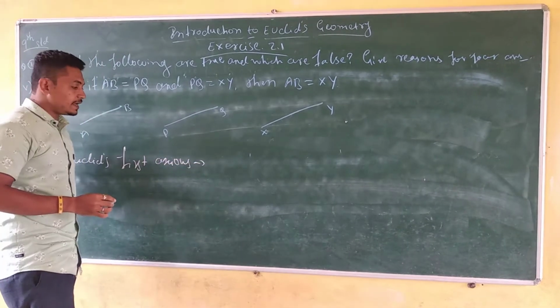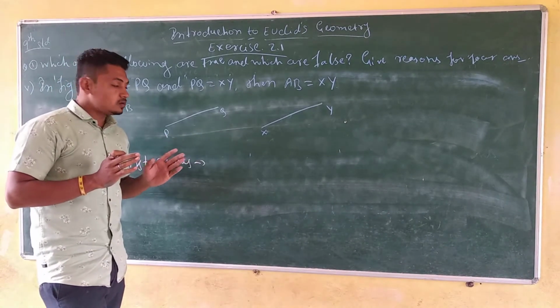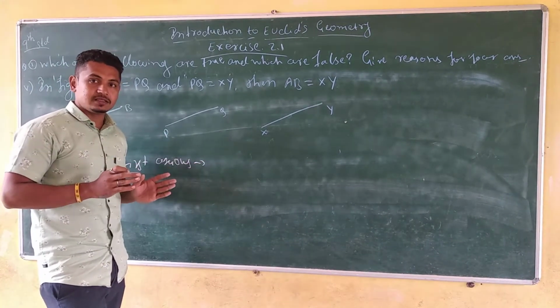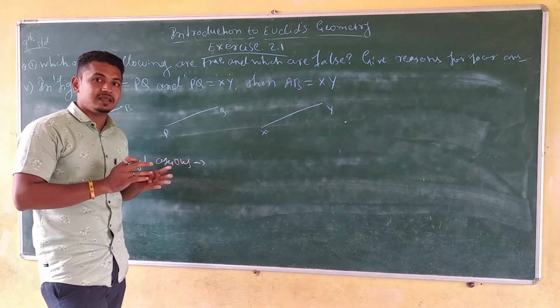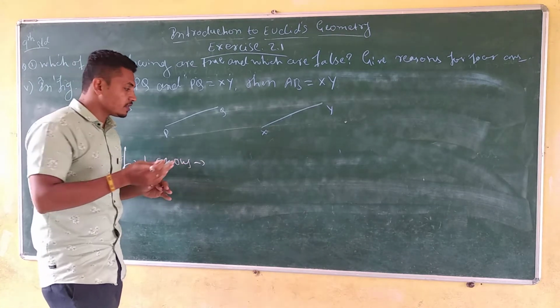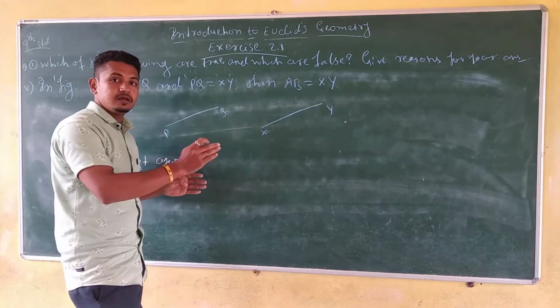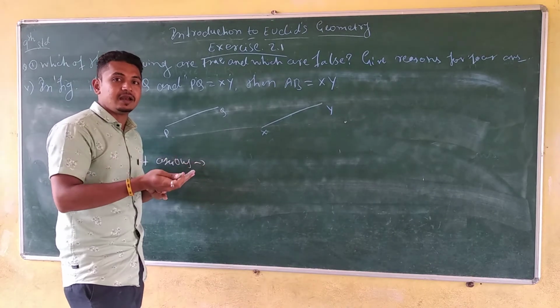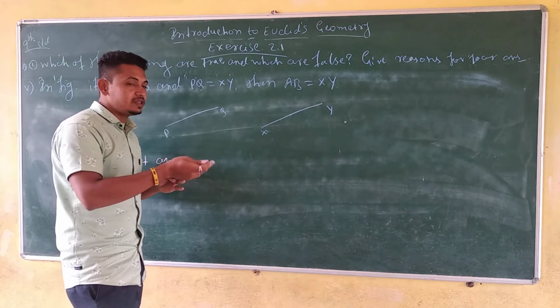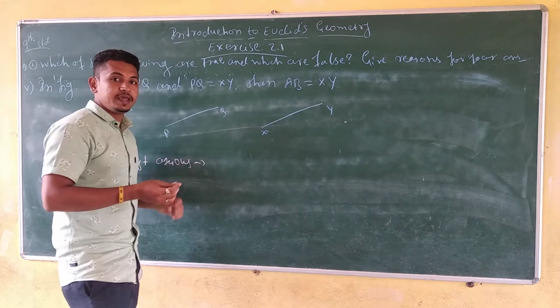Euclid's first axiom says that things which are equal to the same thing are equal to each other. Is it right?